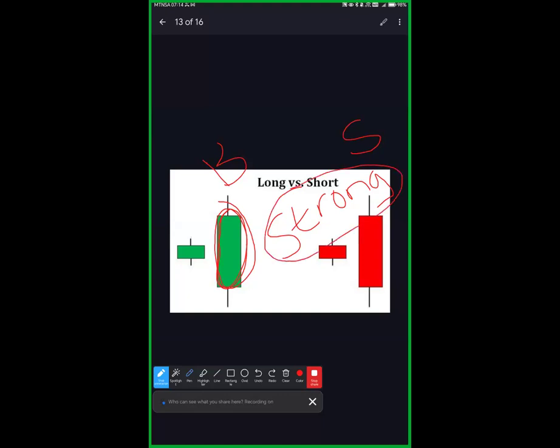So it's up to you to say it was a buying pressure or a selling pressure, looking at the type of candle you are analyzing. In simple terms, when you see a candle with a long body, it tells you that there was strong pressure in that particular trade session.